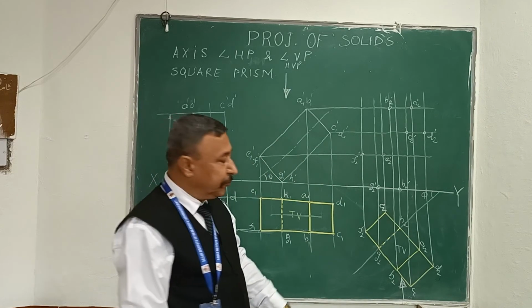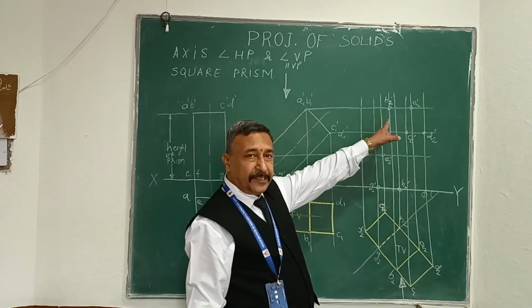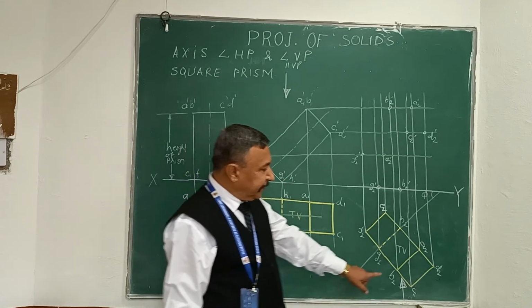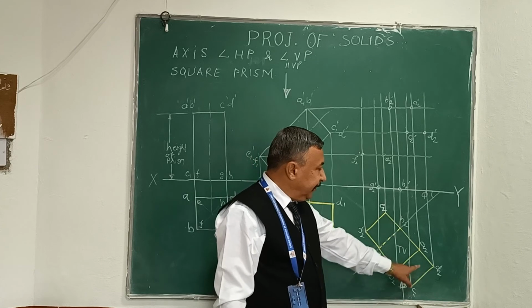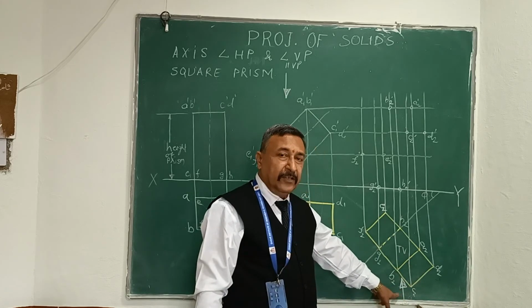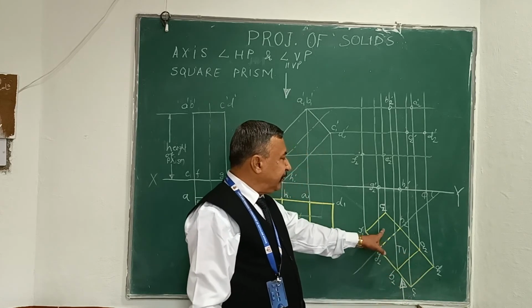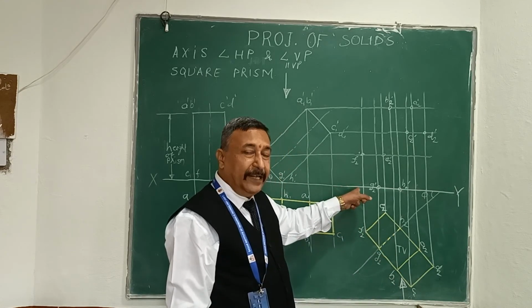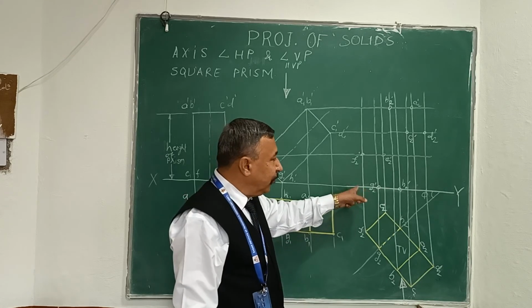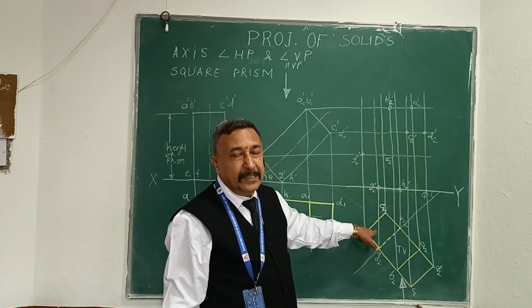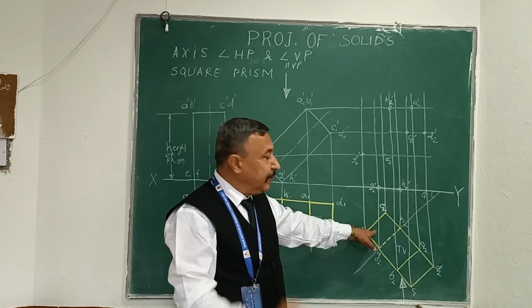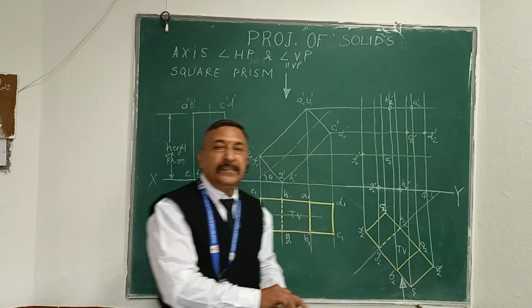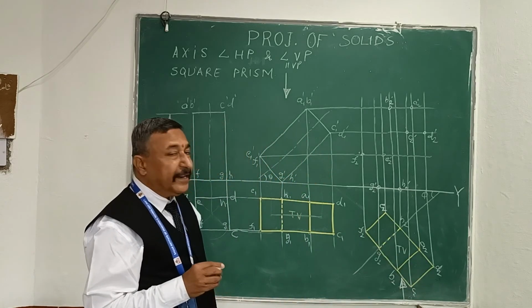This arrow shows the direction of projection or direction of the observer. Now if we see from this direction, this base is nearer to the observer, so it is visible, and this base is away from the observer, near to XY, near to the reference plane, so it is not visible, just like in our last view. So we have to complete this base, that is A, B and C, D.